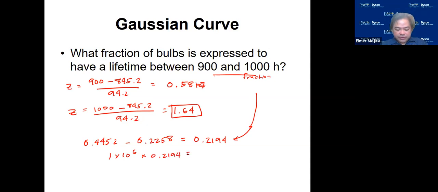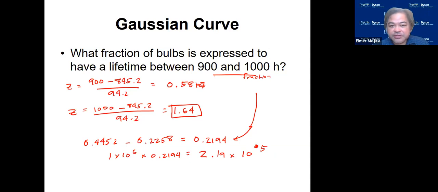So what do you get there? So this is the amount. One, two, three, four, five. So you have 219,400 bulbs. That is between this thing.